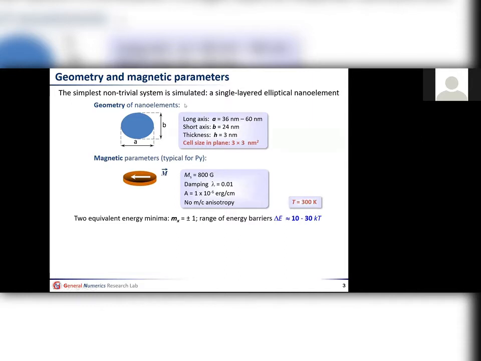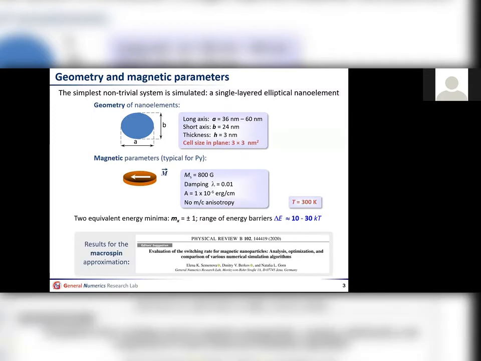And we work in a micromagnetic paradigm, meaning that we discretize each element into cells in plane with cell sizes about 3 × 3 square nanometers. We have already performed extensive research on this system in the macrospin approximation, and you can look at this paper to find all the results there.